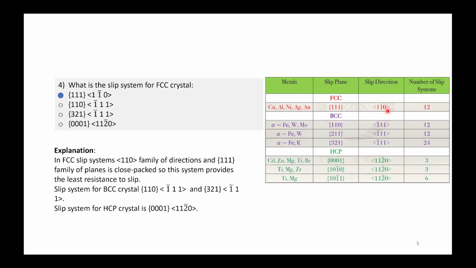So 4 times 3 will be 12. So they have 12 slip systems. And the 110 and 1 bar 11, and 321 and 1 bar 11 will be for BCC type of crystal structure as shown here. And the bottom one is for HCP type of crystal structure.